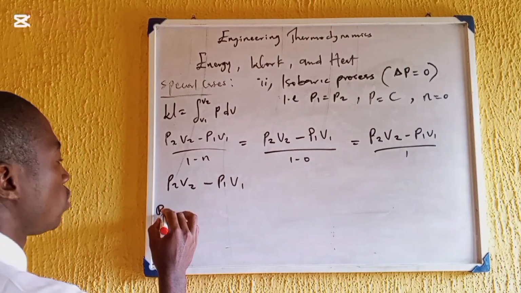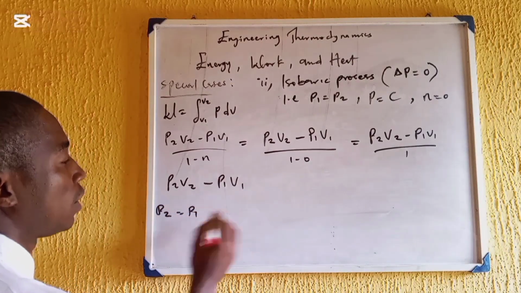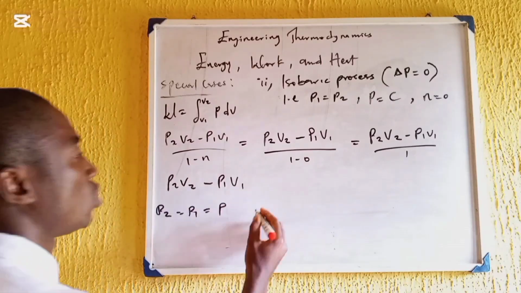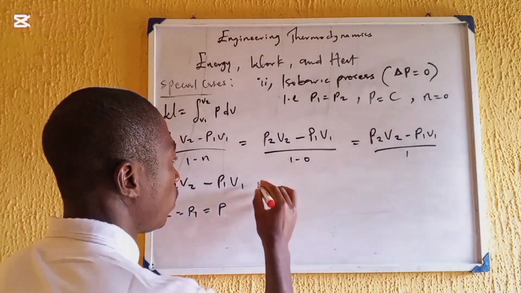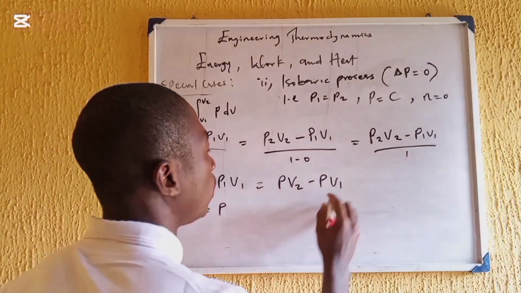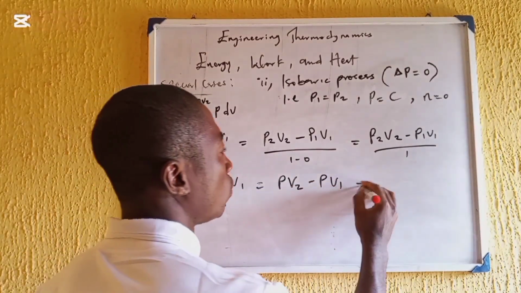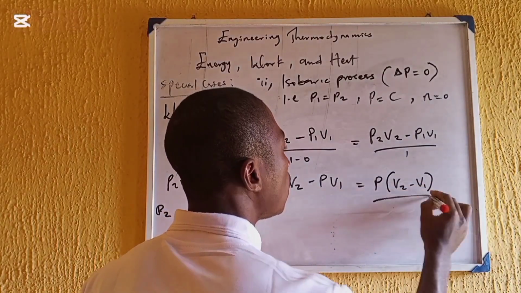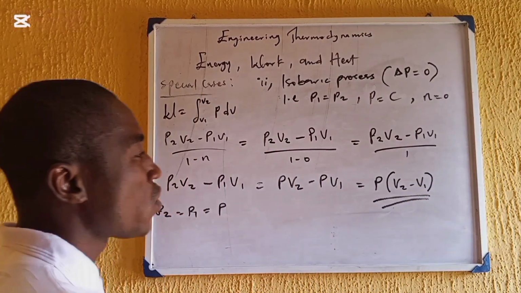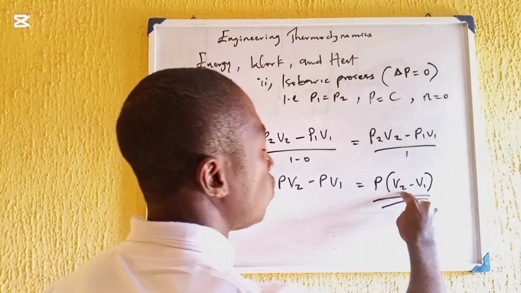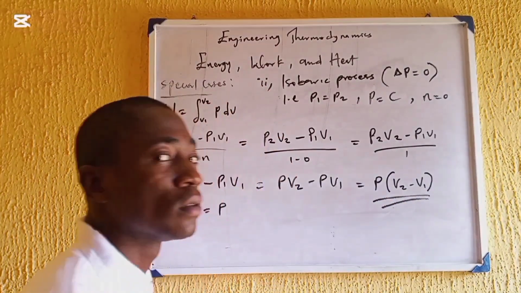But remember that P2 is equal to P1, and let's call it P, since pressure did not change. So in that case, we'll be having PV2 minus PV1. Now, factorizing, we'll be having P into V2 minus V1. So when pressure is constant, work is equal to P into V2 minus V1.